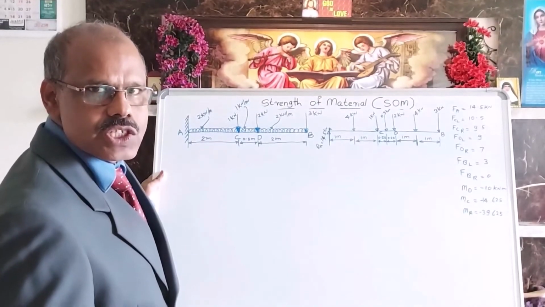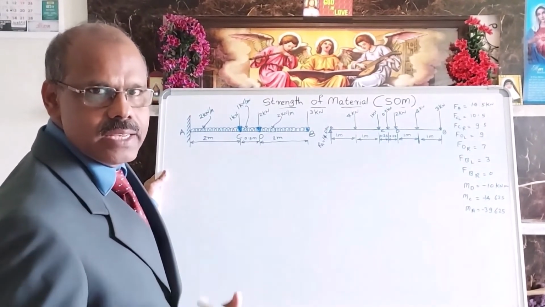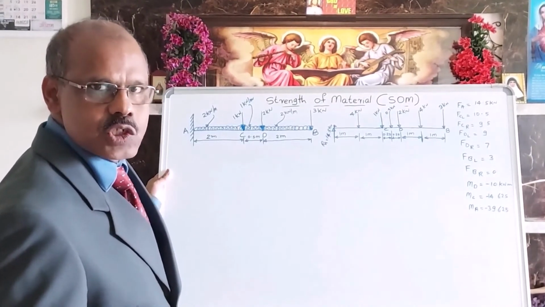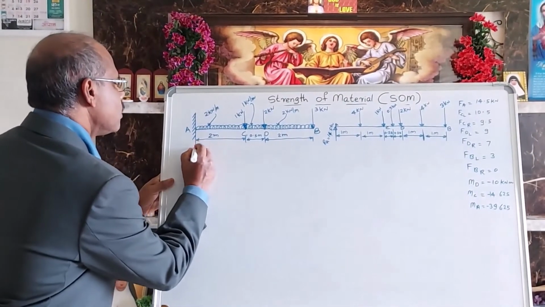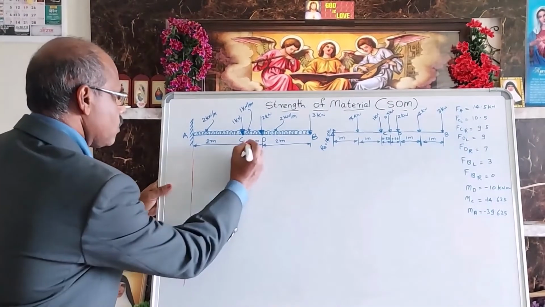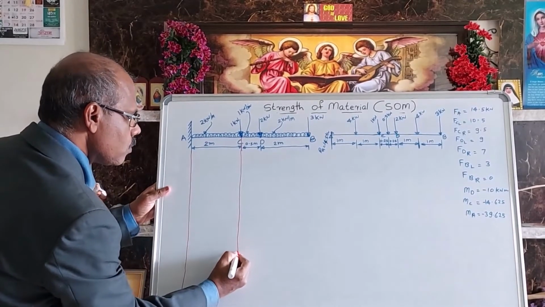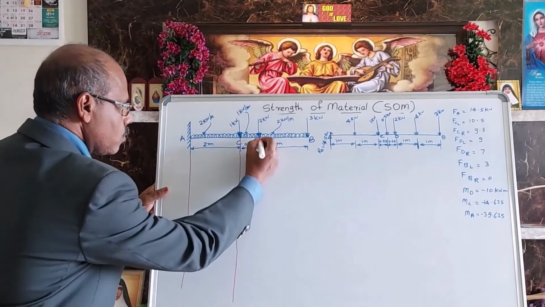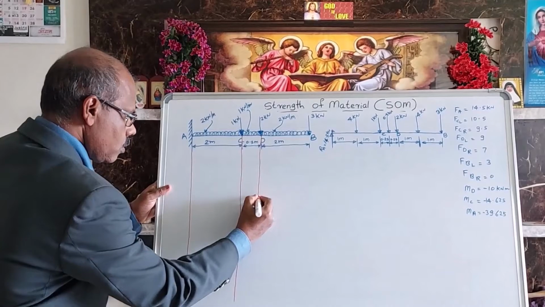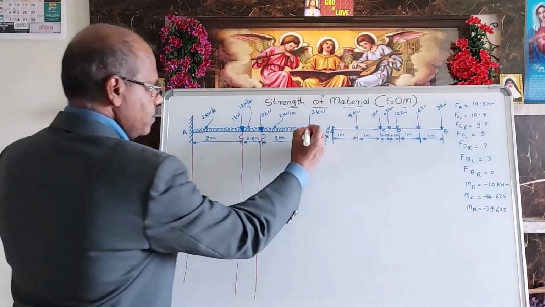Now let us draw the shear force diagram and the bending moment diagram. For that we will draw the rays from each point down. As much as possible, make it a very neat diagram.